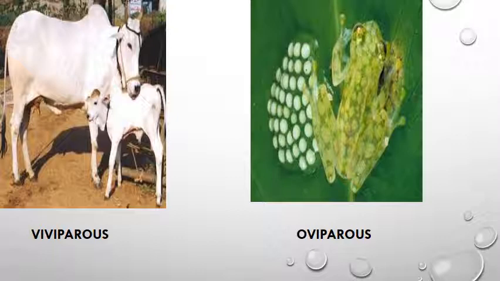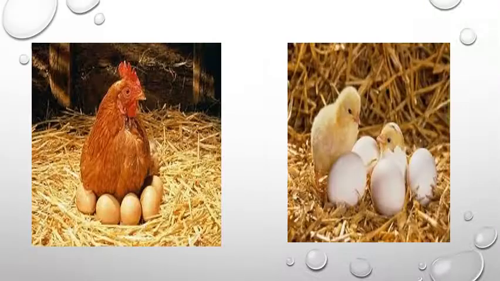The animals which lay eggs to produce their young ones are known as oviparous. There are many insects like butterflies and moths which lay eggs on leaves, and mosquitoes and frogs lay eggs in the water.